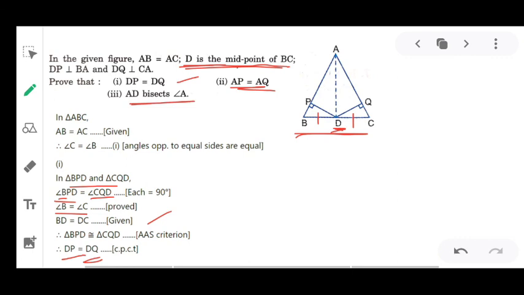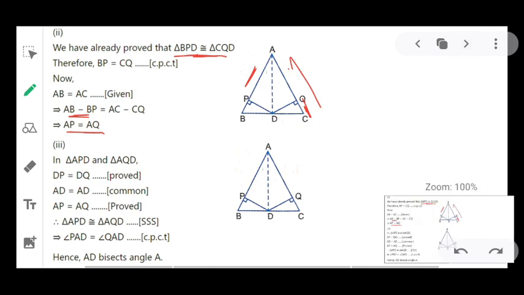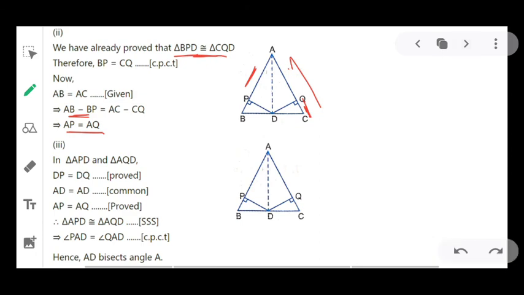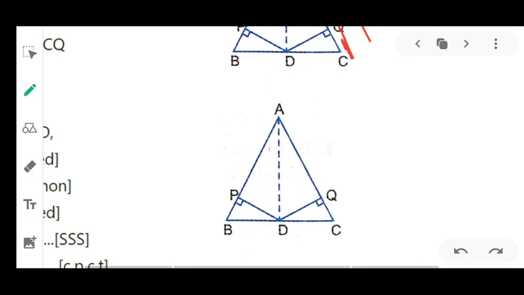AD bisects angle A, that means this angle equals this angle. If we prove that triangle APD is congruent to triangle AQD, then we can say angle PAD equals its corresponding angle DAQ.